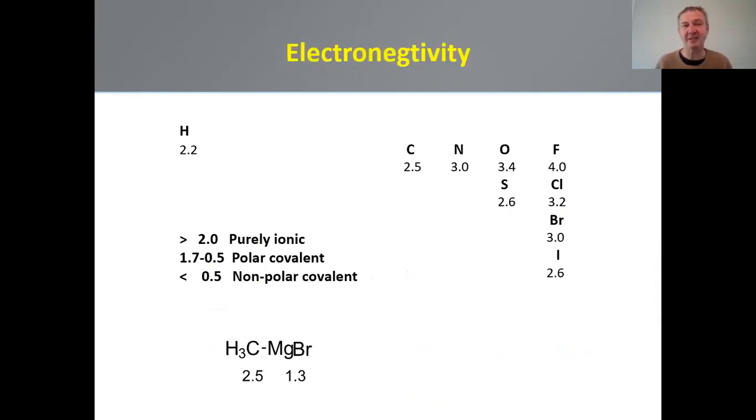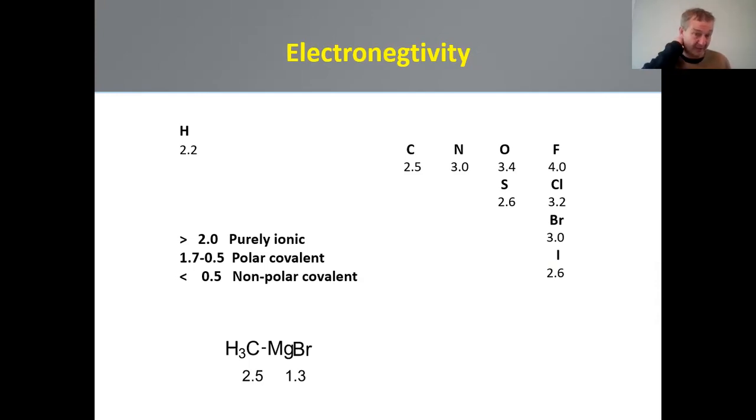And here I state the ones that I think you should know, and we could perhaps add phosphorus. The closer you are to fluorine, which is the 4.0 element, the more electronegative you are. So, of course, chlorine is more electronegative than bromine, which is more electronegative than iodine.